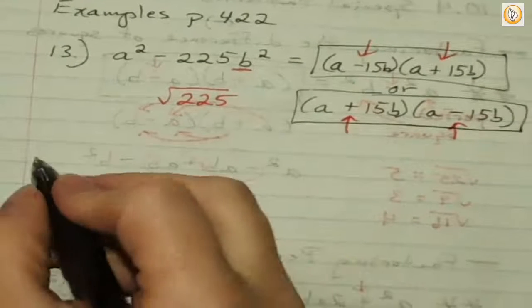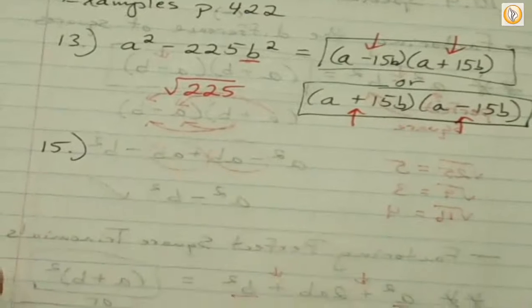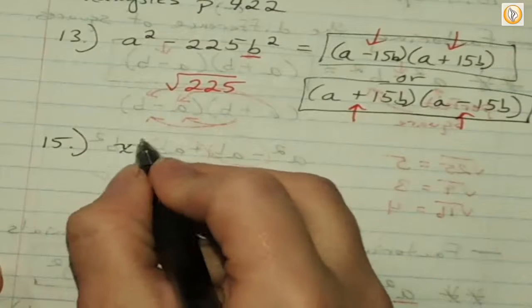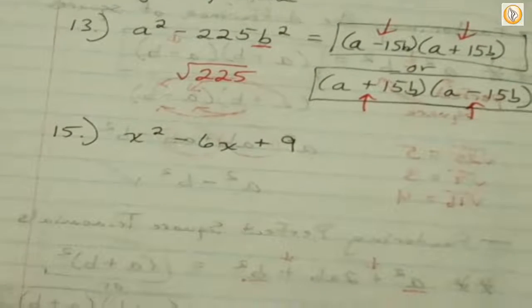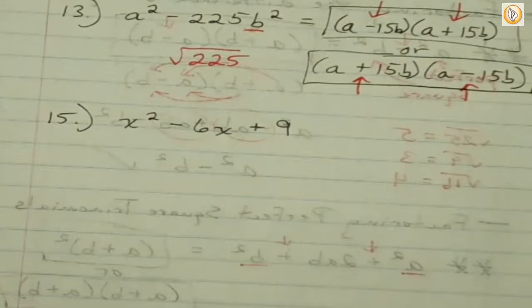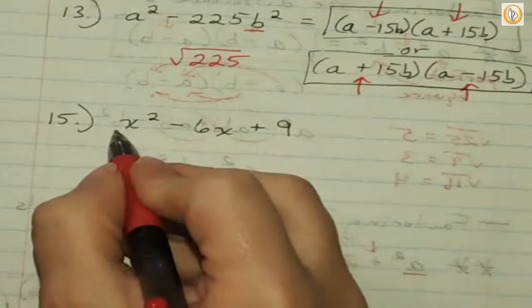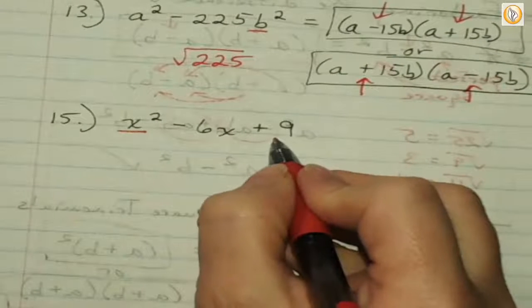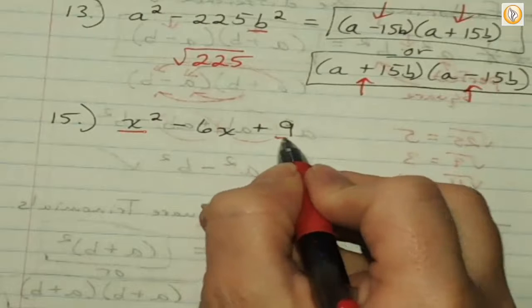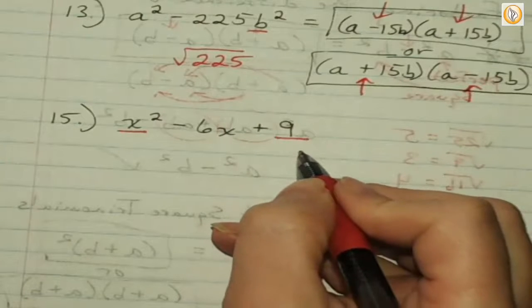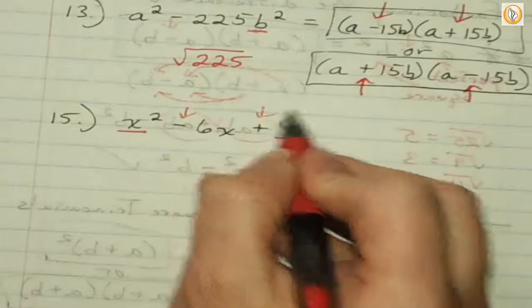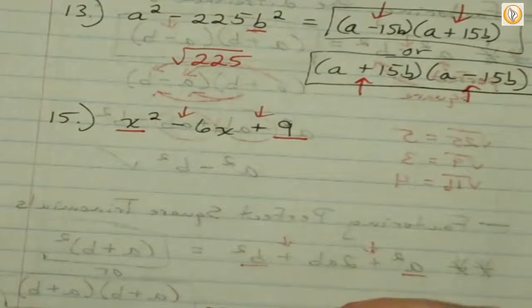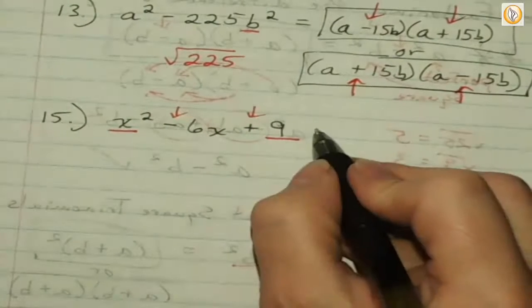All right, Cecilia, you're on deck. 15 is x squared minus 6x plus 9. Notice you're checking if this is a perfect square. Cecilia, is this a perfect square? It is. And we have a minus and a plus. So what would the answer be?